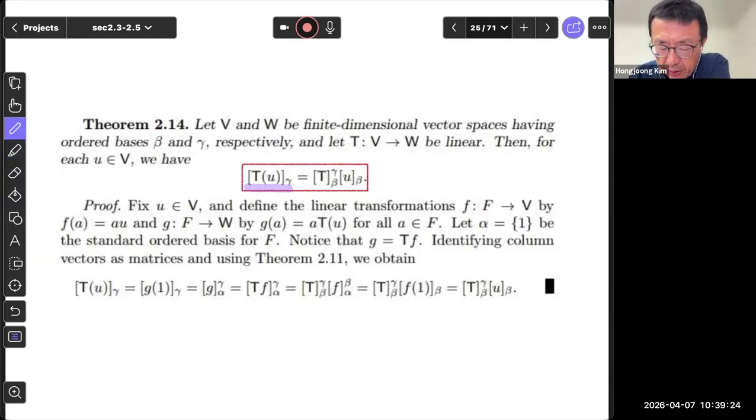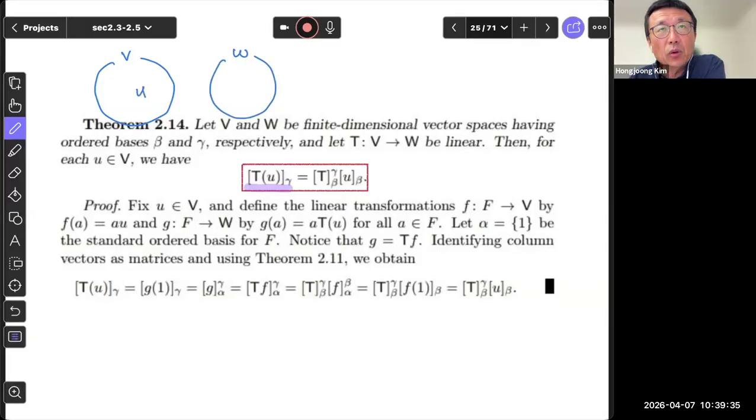Please note that I have V space and W space. I have U in the domain, and that is mapped to T of U in W space. Beta is a basis for the domain, and gamma is a basis for the codomain.